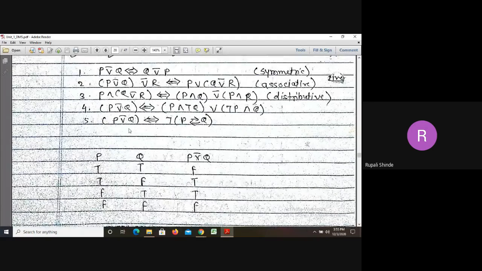P, Q, these are the variables, then exclusive OR between these two variables can be written as P XOR Q. When P and Q have identical truth values, then only the final value will be F. And for all other combinations, it is T.